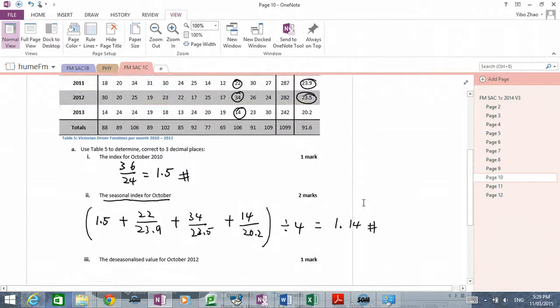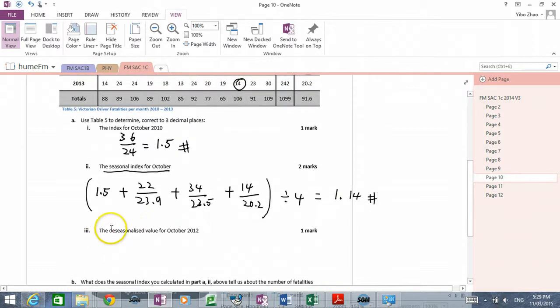Now we need to find the deseasonalized value. If you don't have all this in your notebook, write it down. The deseasonalized value is basically your value divided by the seasonal index.